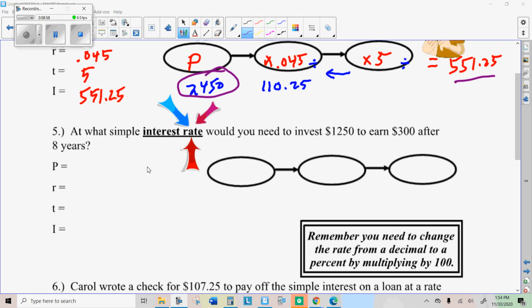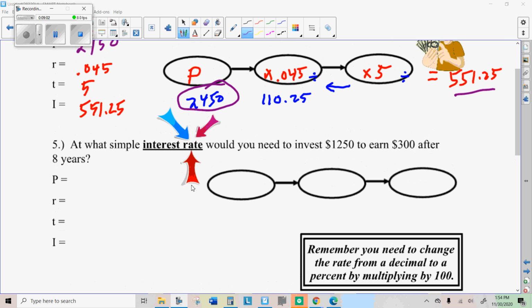All right, on this next one, we're finding the interest rate. So let's put the interest rate right here. That'd be R. To get that R, we're going to multiply the rate times the time times the principal, and that's going to equal how much you earn, which is 300.